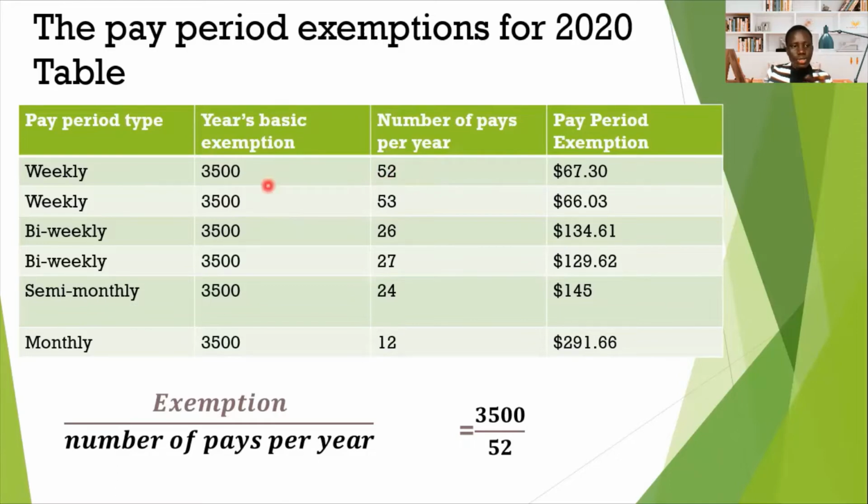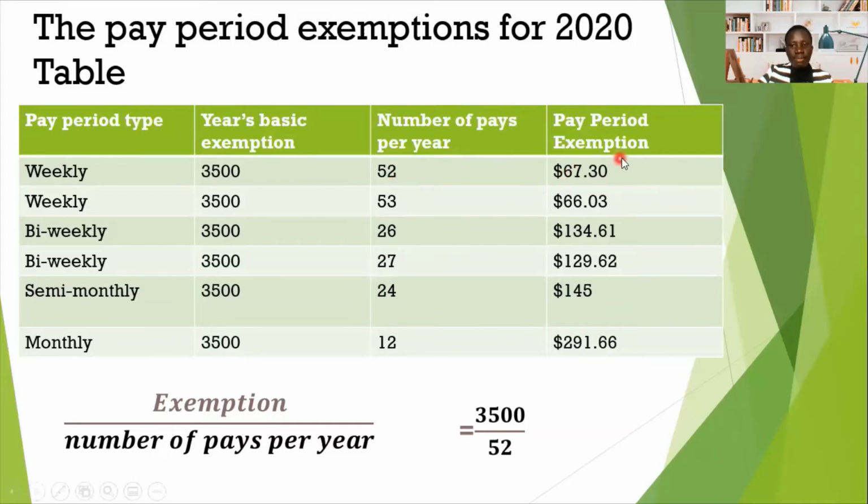It depends. If you're someone who is getting paid weekly, your pays per year will be 52. To get the pay period exemption, you take 3,500 divided by 52 pays.